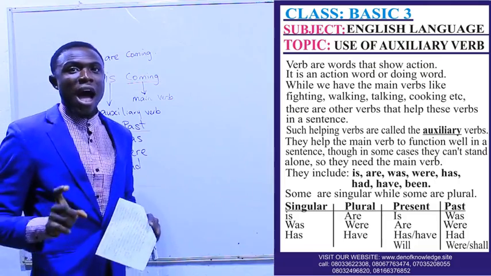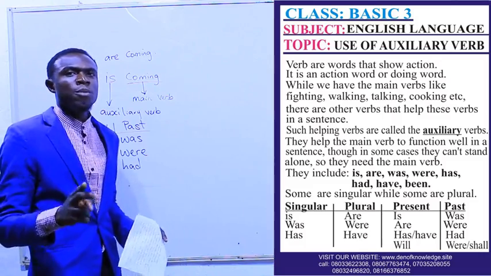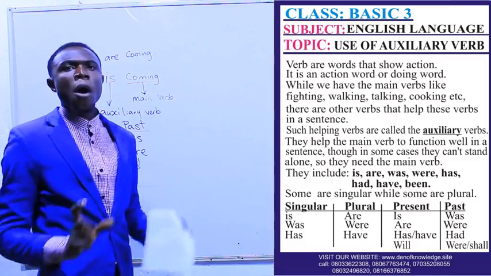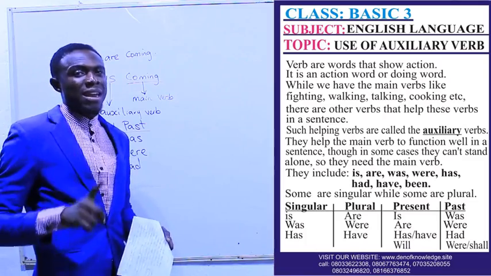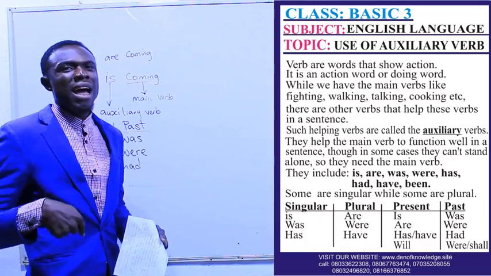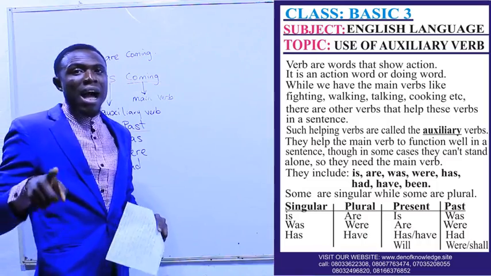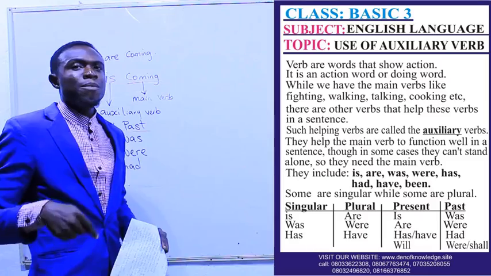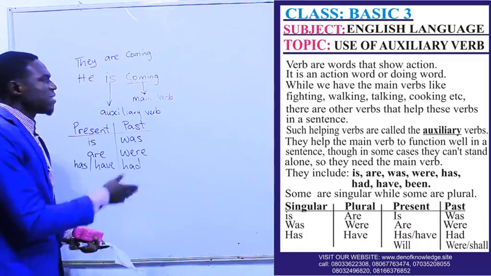If it is plural, I have to use it to support a plural verb. That's the first one. Now the second one is to check, is it a present or past action? If it is a present action and is singular, I have to use it to support a singular present action. If it is plural and is past, I have to use it to support a plural what? Past actions.